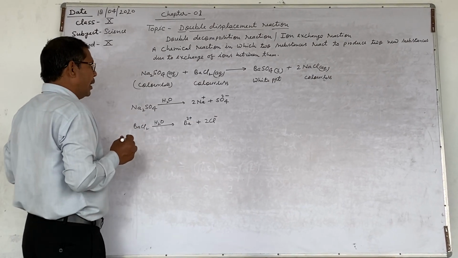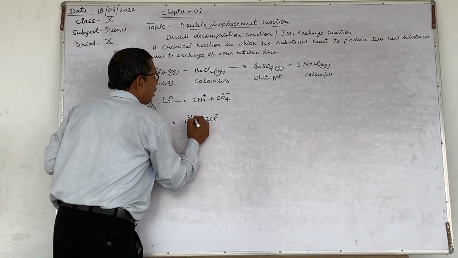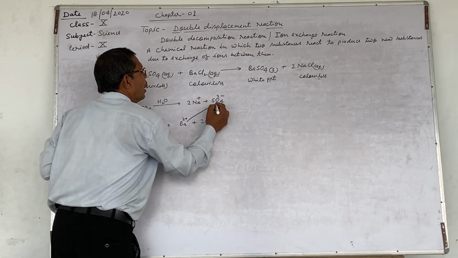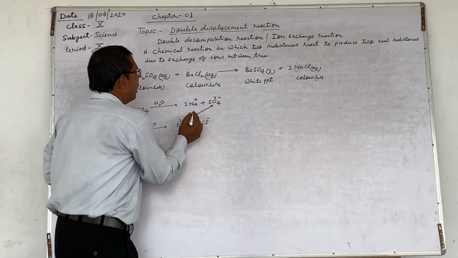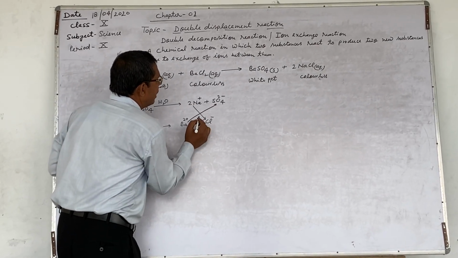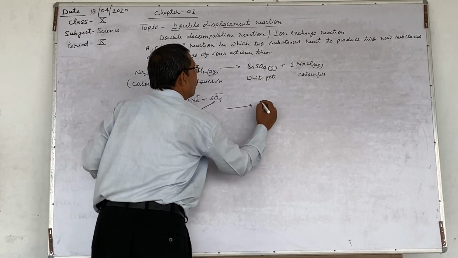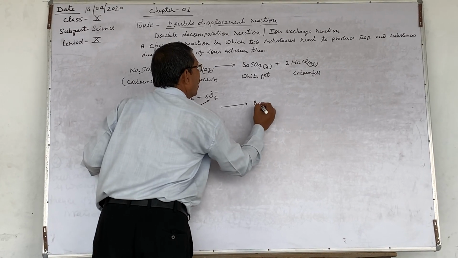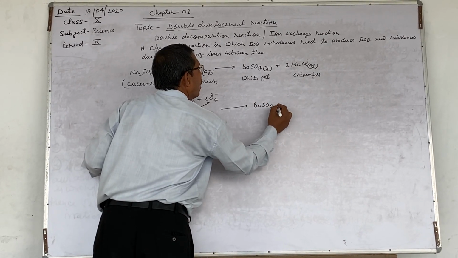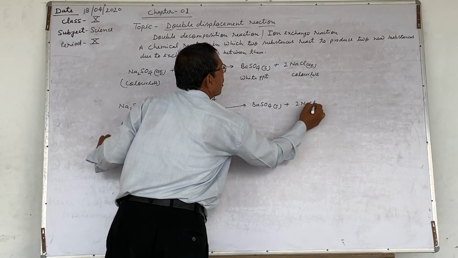What happens here? Barium ion combines with sulfate ion and sodium ion combines with chloride ion, and they produce what? Barium sulfate plus sodium chloride.